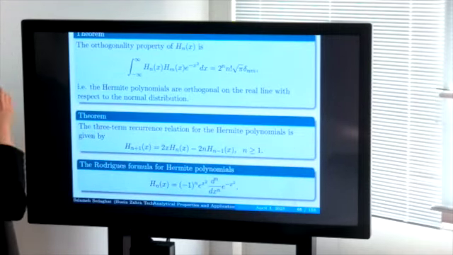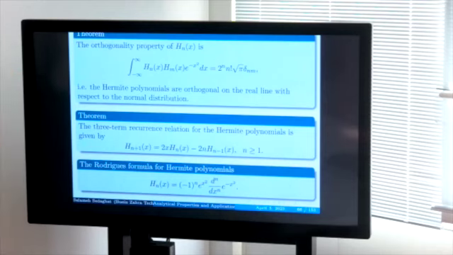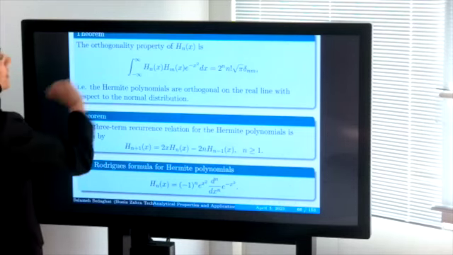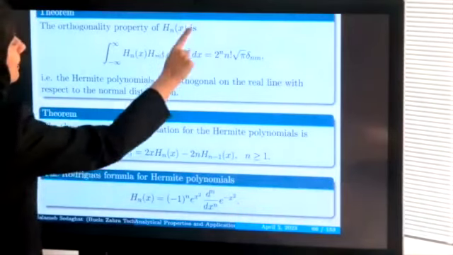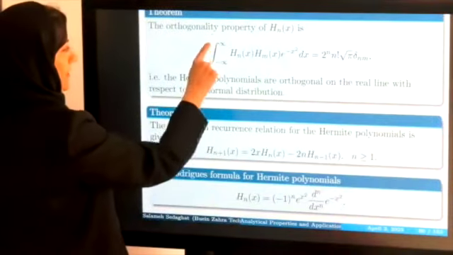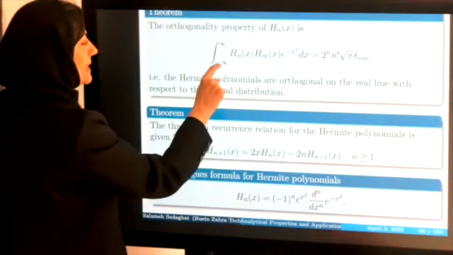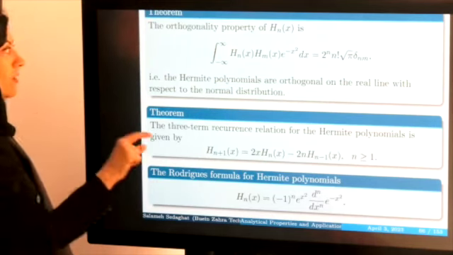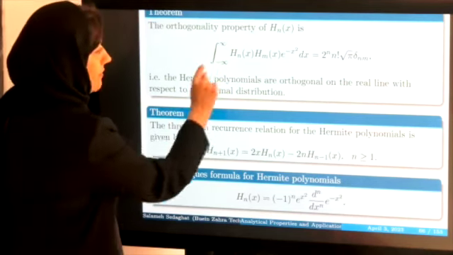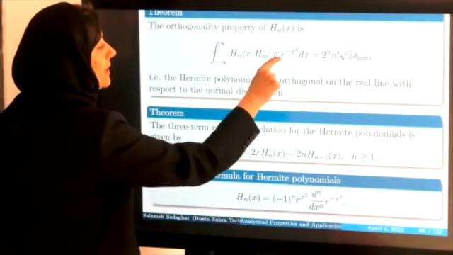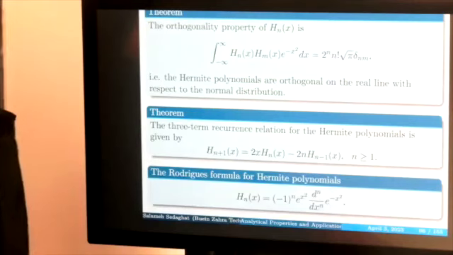We have another theorem here. It is very important for us. The orthogonality property of Hermite polynomials of order n is the integral from minus infinity to infinity. So Hermite polynomials are orthogonal on this interval, Hn of x times e to the minus x squared.